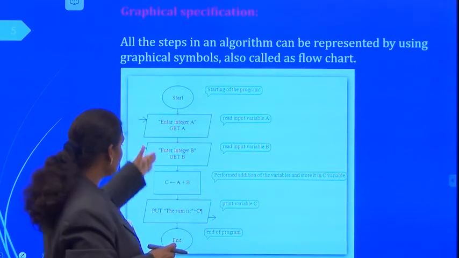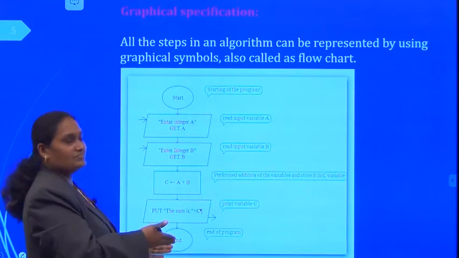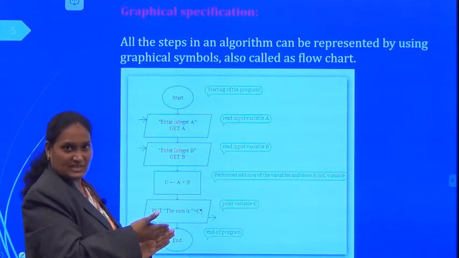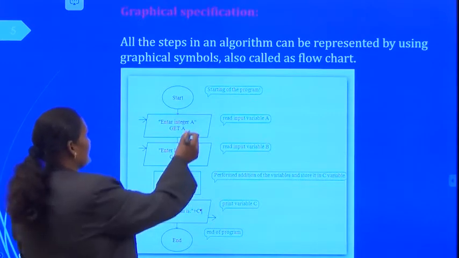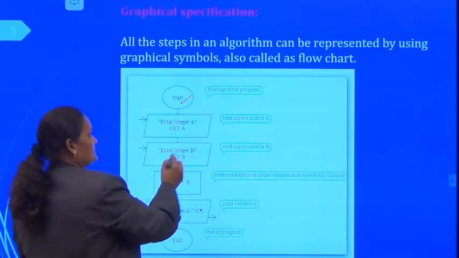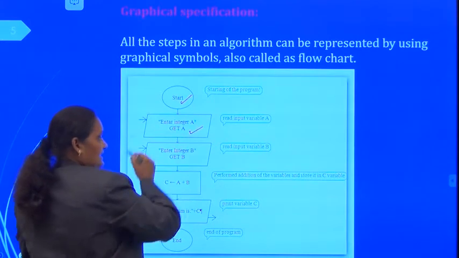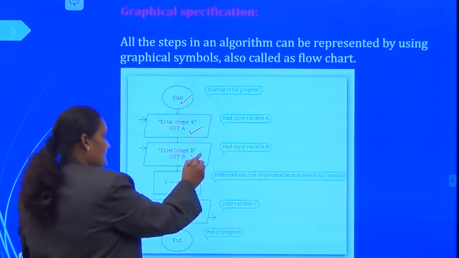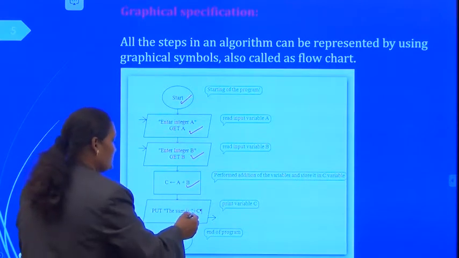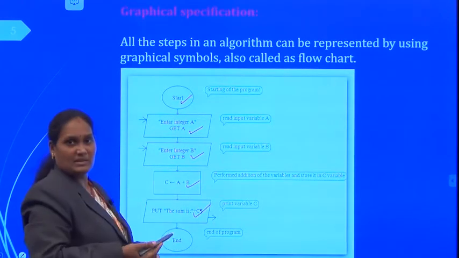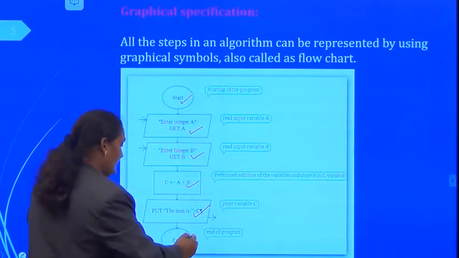Now here this represents the algorithm in the form of graphical specification for finding the sum of those two numbers. Let us see the algorithm. Here: start, enter integer a, enter integer b, c is equal to a plus b, and output the sum, which is nothing but c, and end.